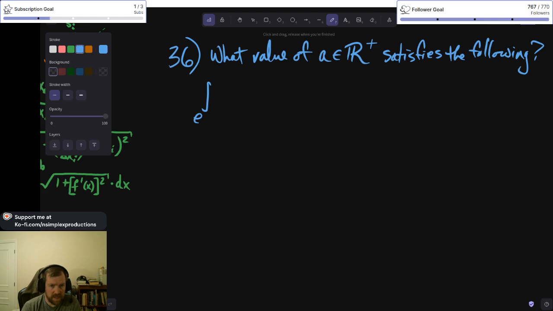The integral from e to e to the a of dx over x times the integral from a to ax of dy over y is equal to 1.